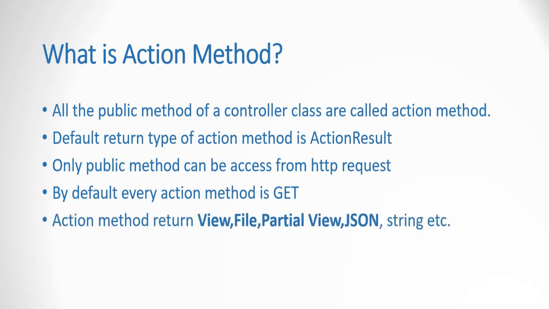An action method returns a view, file, partial view, JSON string, and so on. When we access an action method from the browser, it must be public. If you create an action method as private or protected, it will not be accessible from the browser. So for that we say only public methods can be accessed from an HTTP request.